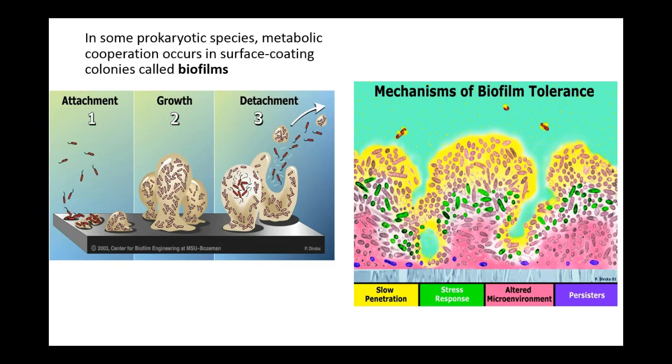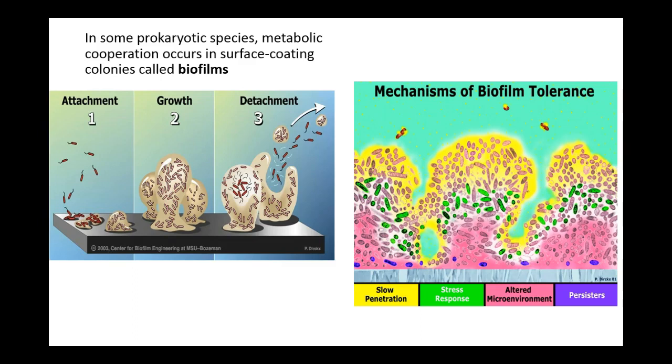One of the ways that the bacteria can do that is to create a biofilm, a colony that the antibiotic will attack and penetrate the outer layer, certainly a stress layer, and then you have an environment that the bacteria can alter.